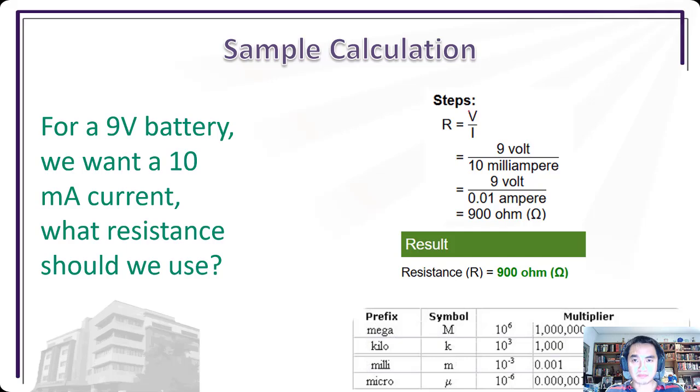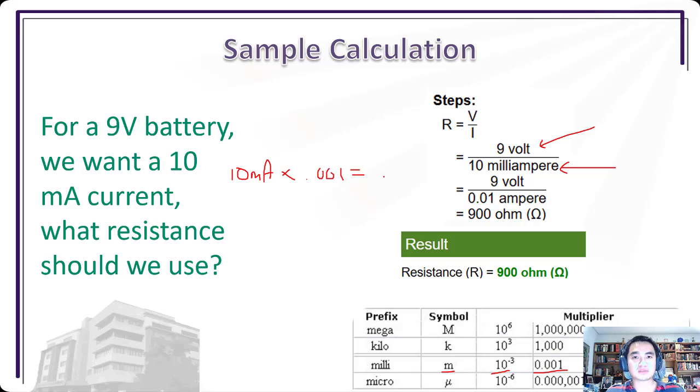So here, volts: it's a 9-volt battery, and we know we want 10 milliamperes. Remember the prefix milli is equivalent to 10 to the negative 3, or 0.001. So we take 10 milliamperes, mA, and convert it back to amperes by multiplying by 0.001.